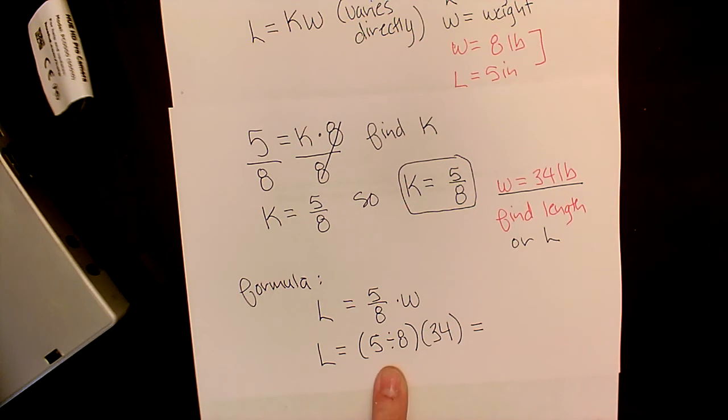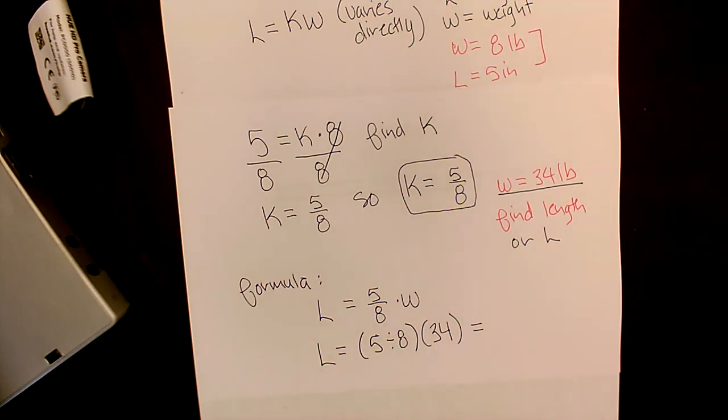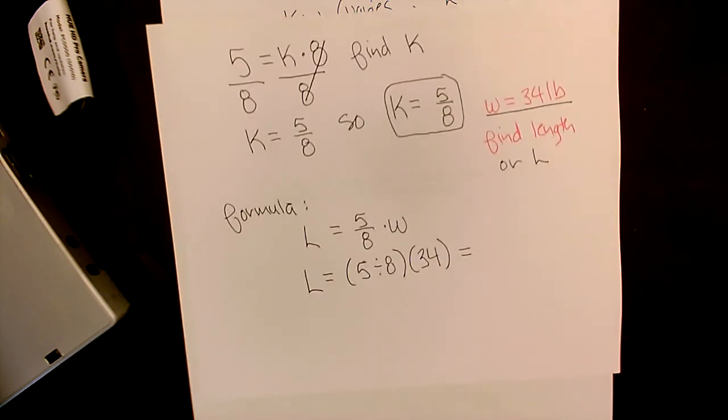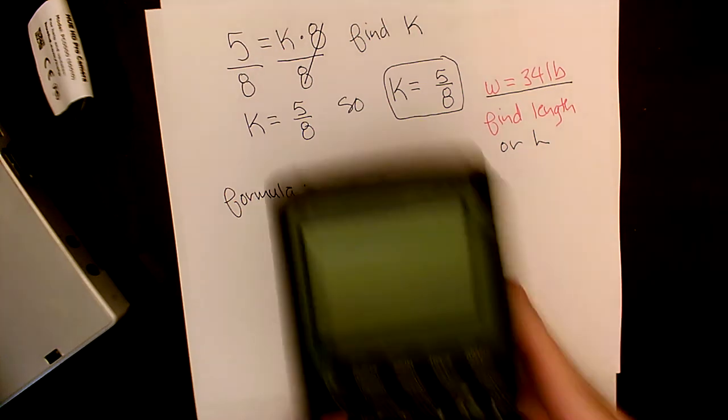Okay, and this is how I punch it in the calculator. Do you remember, for this class we need the TI-82, 83, or 84, so I'm just going to punch this in my calculator.